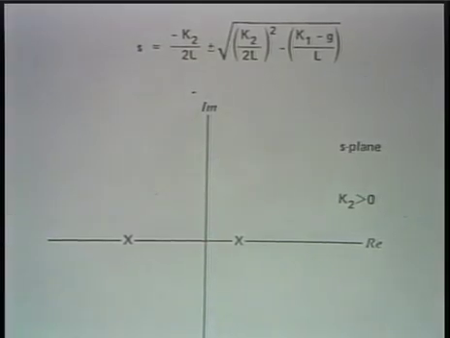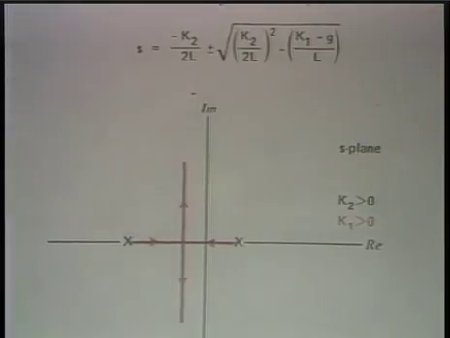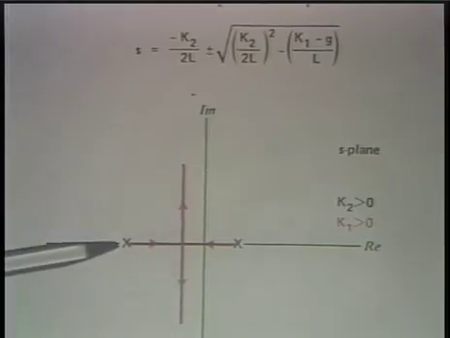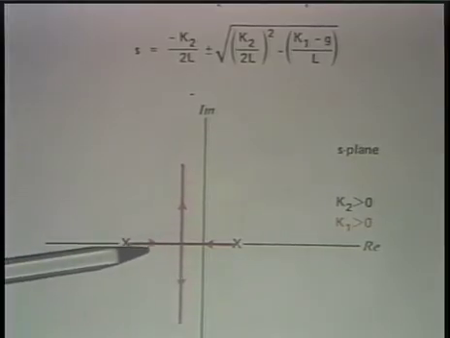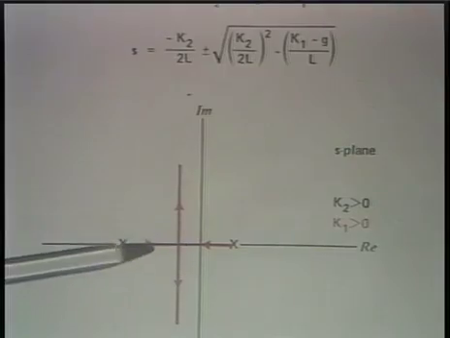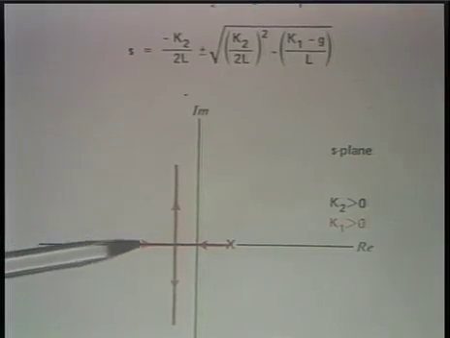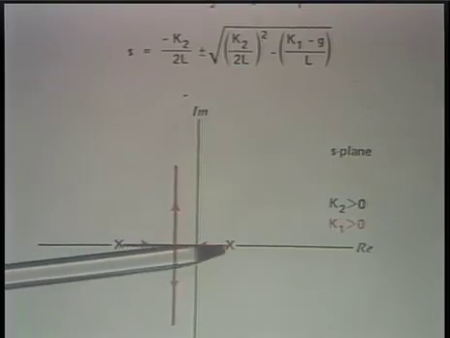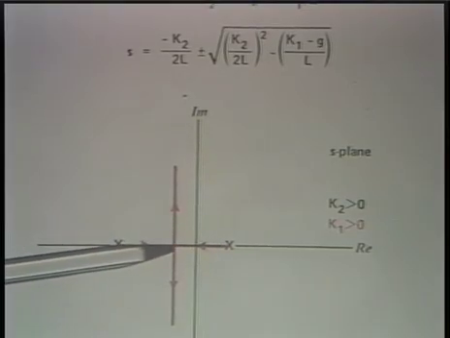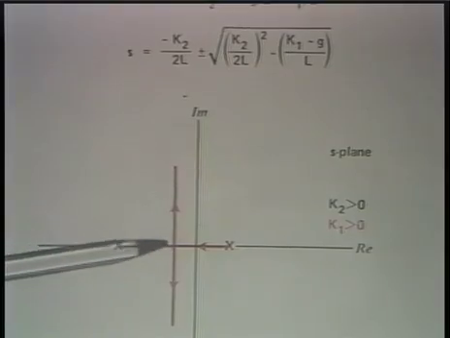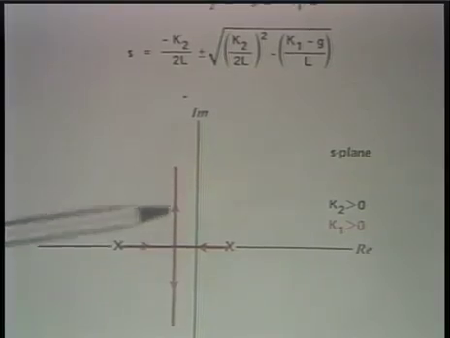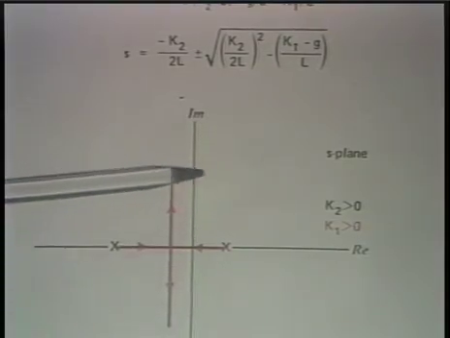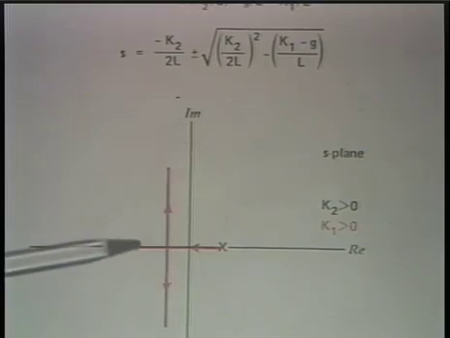Now, as we vary k1, and in particular choose k1 greater than 0, the poles will begin to move together, as they did previously when we looked at the variation of k1. The poles will move together, reach a point where we have a second order pole, and then those poles will split and move parallel to the j omega axis. What's indicated here is the root locus.